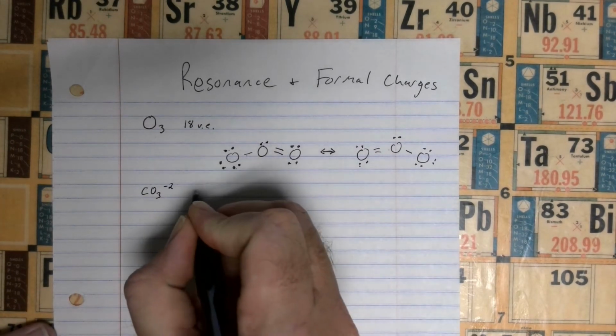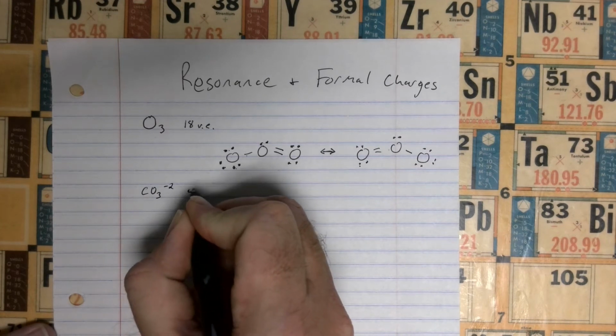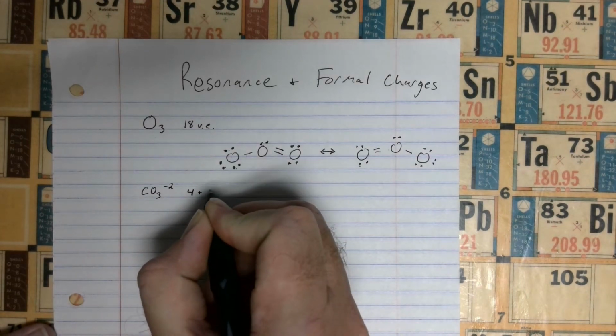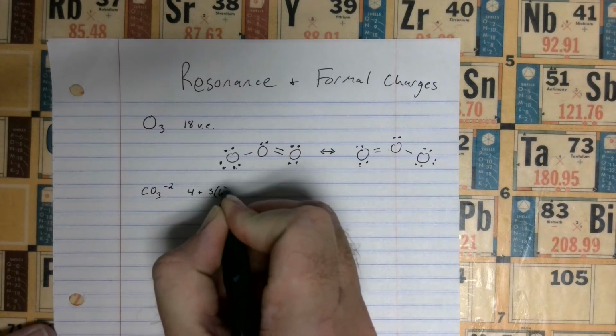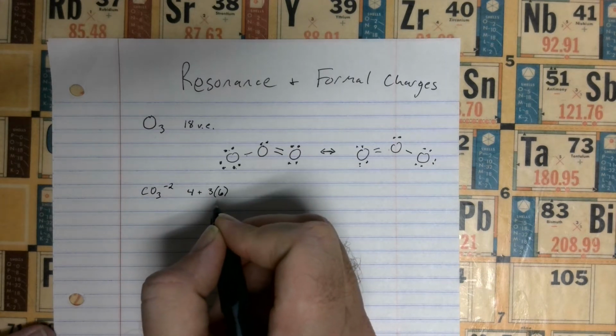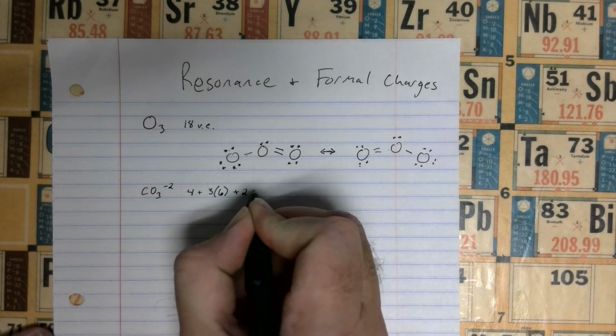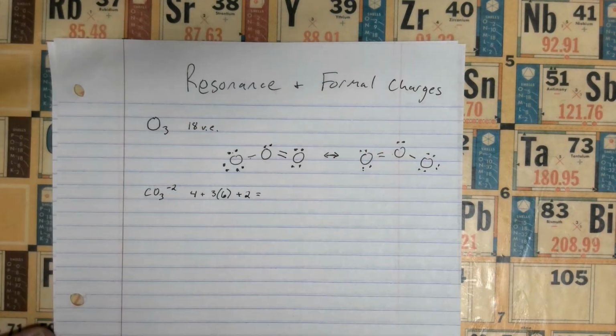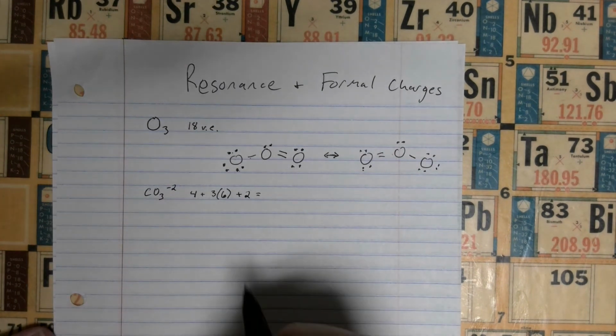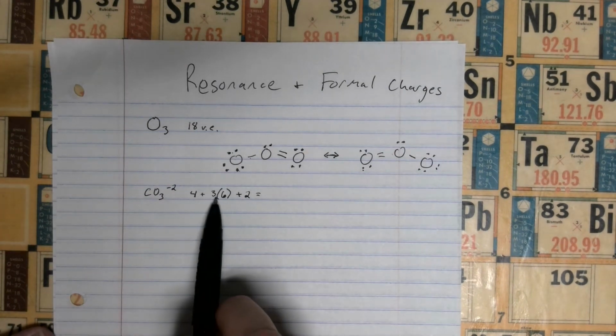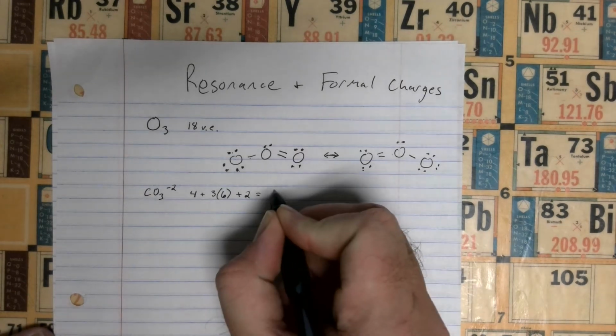We have 4 electrons from the carbon, 3 times 6 for the oxygen, plus the 2 because it's a -2 compound. If we have an ion, make sure you add. If it's negative, you would add that many electrons. If it was positive, you take it away. So 4 and 18 is 22, 24 total electrons.